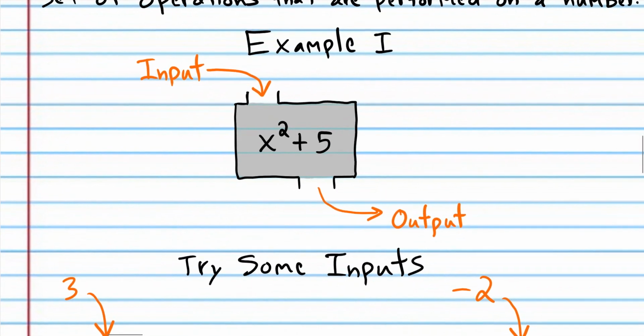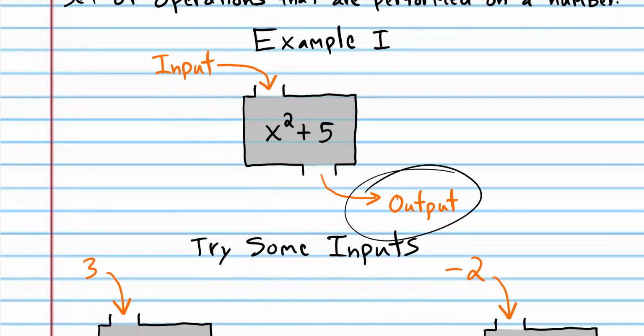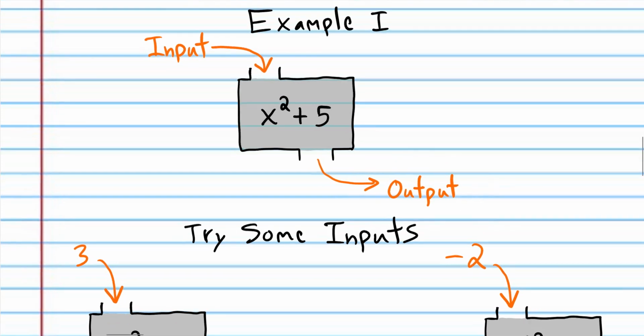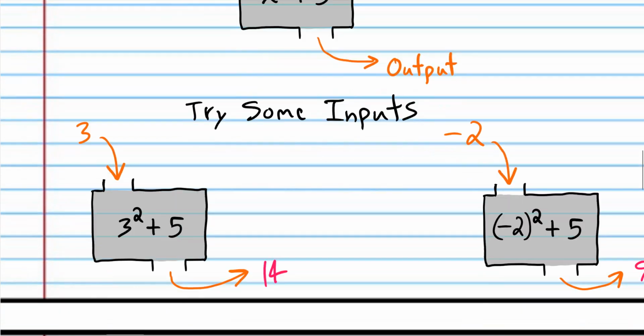So here's an example. The operations are squaring a number and adding 5, and the number that we enter in for x is the input, and the output is the number that we get once we perform these operations.